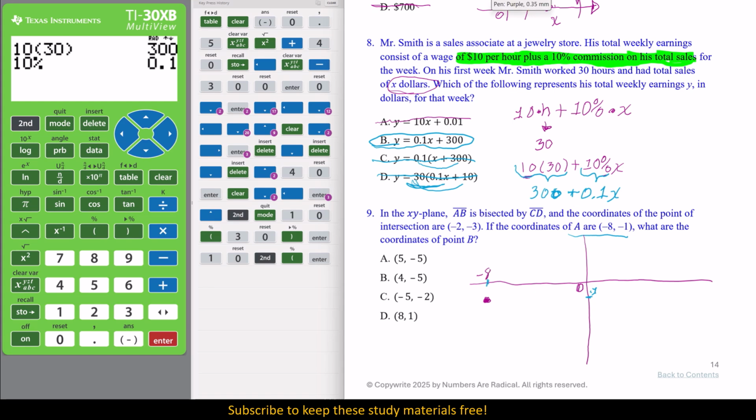Now my intersection will be at -2, -3. So, interesting. Maybe let's put it over here. Remember, still a sketch. I'm going to say that this is -2 and -3.